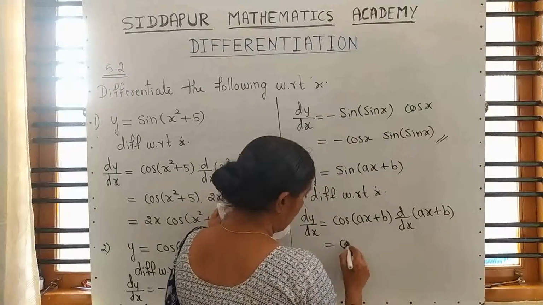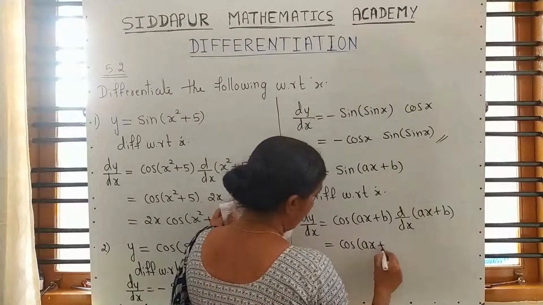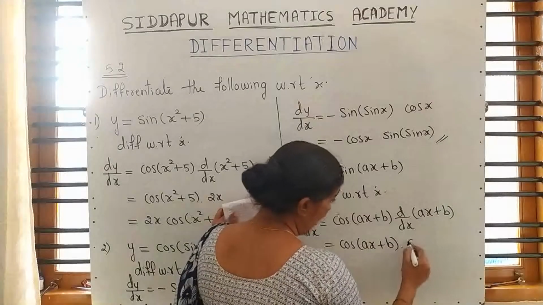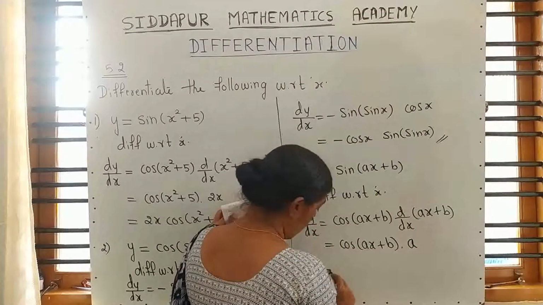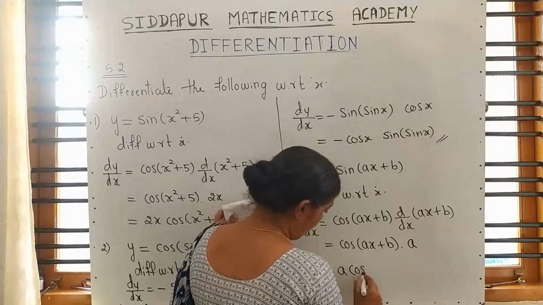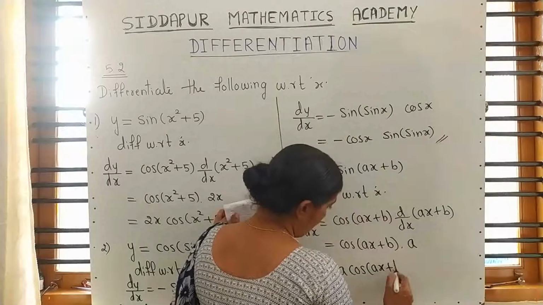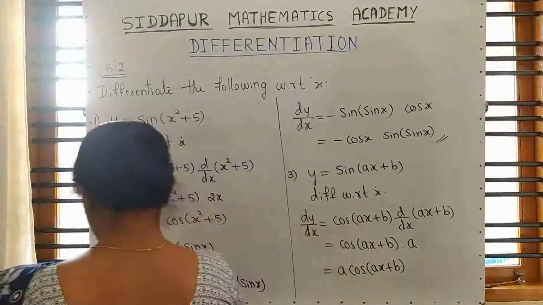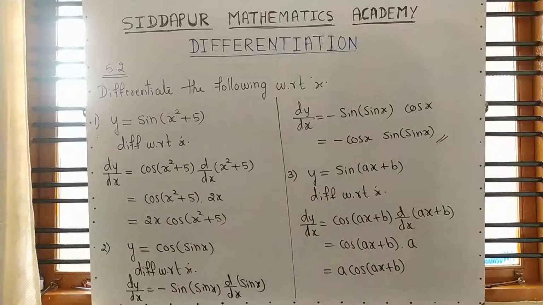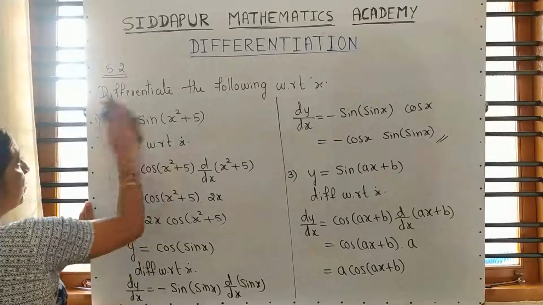So this is cos of ax plus b. Differentiation of ax, a constant into x, is a times 1. So finally we can write a into cos of ax plus b. See students, are the problems very simple? Yes, the problems are very simple.